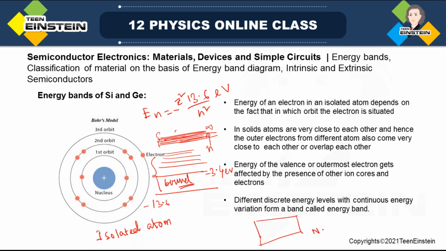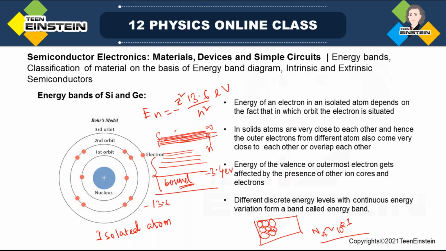We have of the order of Avogadro number, 10 to the power 23 atoms, and much more than that. So we have many atoms together to form a solid.